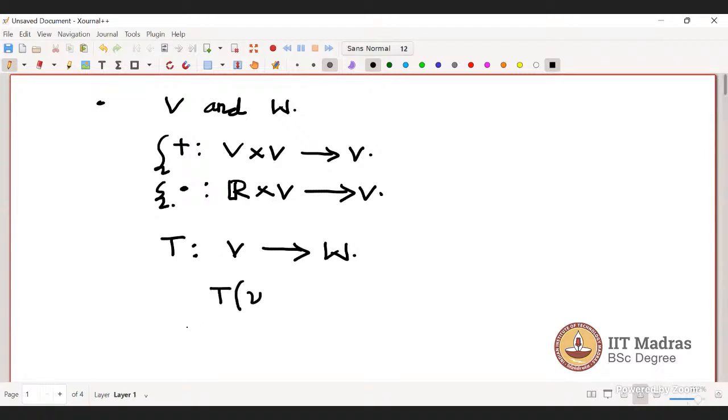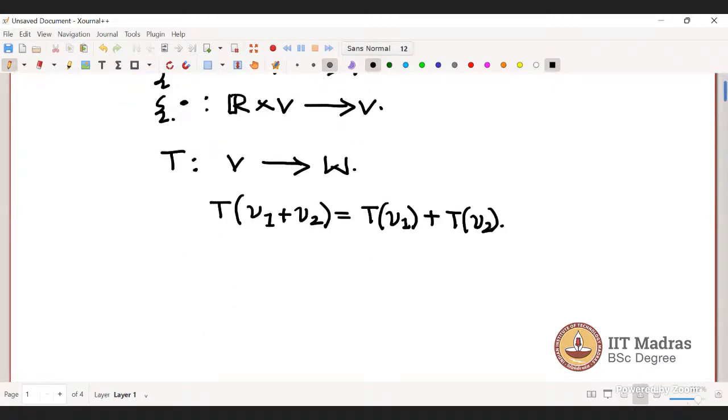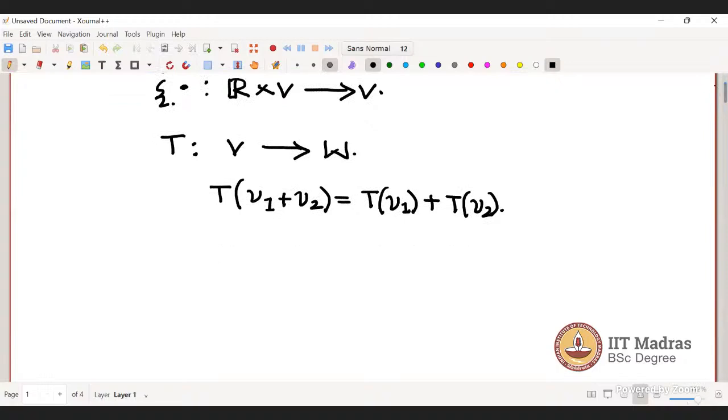The first one is that T is additive, that is T of V1 plus V2 is the same as T of V1 plus T of V2. And the second condition is that it should preserve the multiplicative structure.